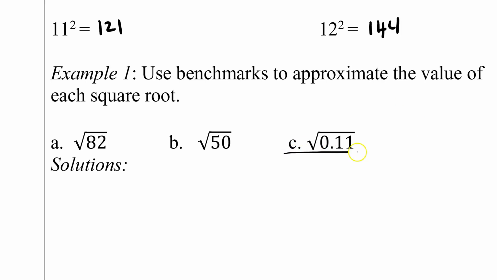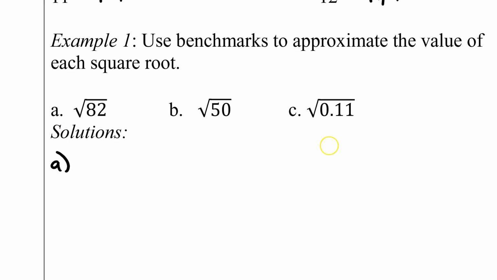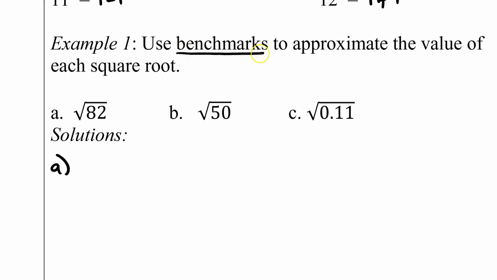And we're going to use our knowledge of decimals to help us out with this last one. So let's just start with this one, A. Remember, whenever we say use benchmarks, all we're thinking about is our perfect squares. So use what we know to be true with our perfect squares to help us out approximating this.